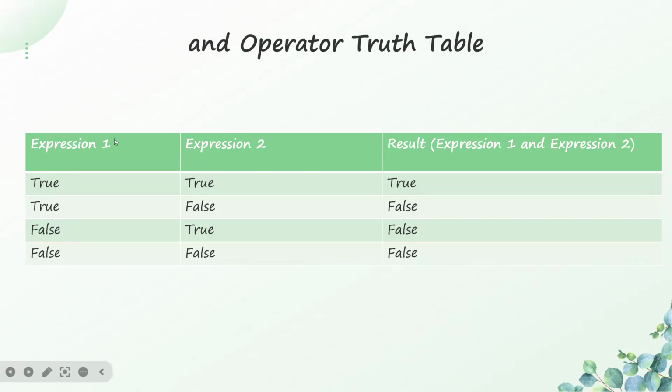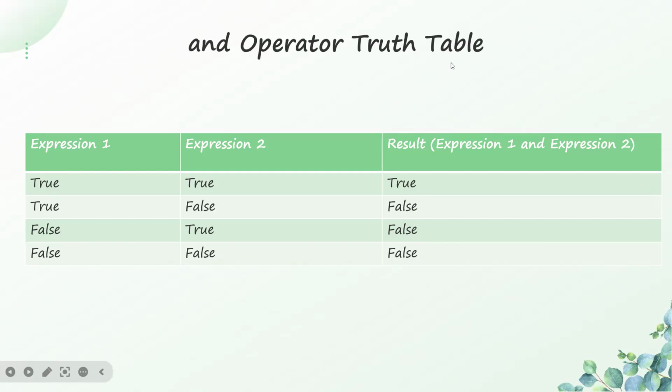If expression 1 or condition 1 is true and expression 2 or condition 2 is true, the result will be true. But if condition 1 is true and condition 2 is false, the result will be false. If condition 1 is false and condition 2 is true, the result will be false. And if both of them are false, the result will be false.